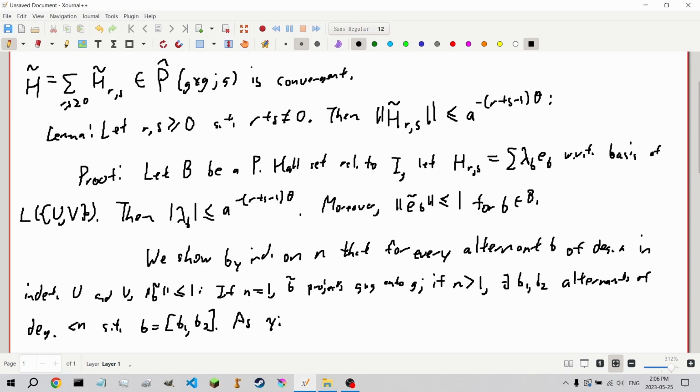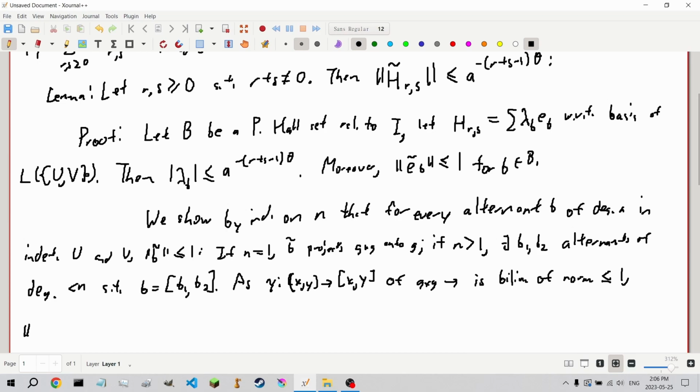As gamma sending x and y, these are supposed to be curved brackets, to their square bracket of g times g into g is bilinear, of norm less than or equal to 1.